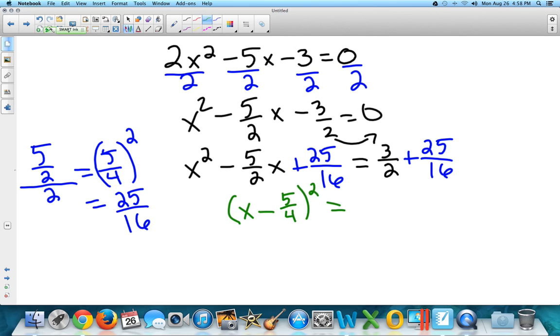And that equals 3/2 plus 25 over 16, which is going to be 24 over 16 plus 25 over 16. So that's going to get me 49 over 16.